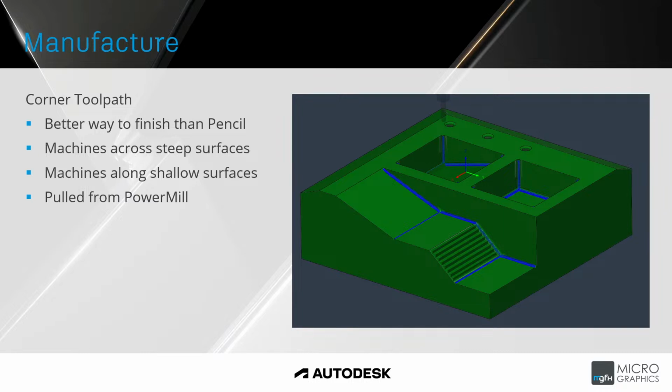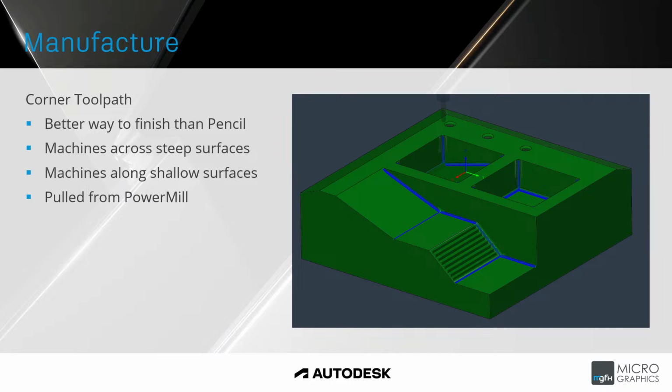If we look in the 2 pockets in this component, those vertical corners, the pencil toolpath would machine up and down parallel to the Z axis in those corners, where the corner toolpath is a better way to finish than the pencil. The reason is that it machines across steep surfaces. So the toolpath is generated parallel to your XY work plane, and so it's a much safer and better way of machining those corners. And then on your shallow surfaces, it will machine along the shallow surfaces.